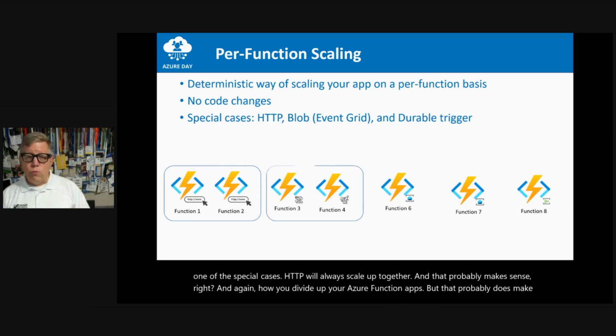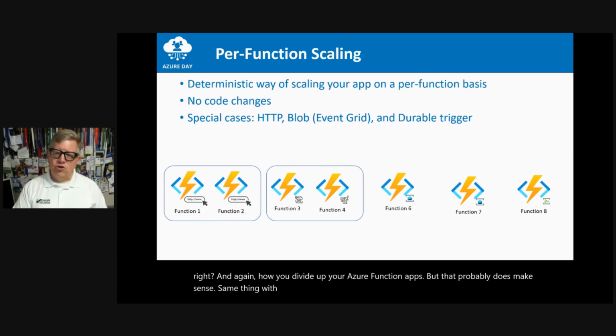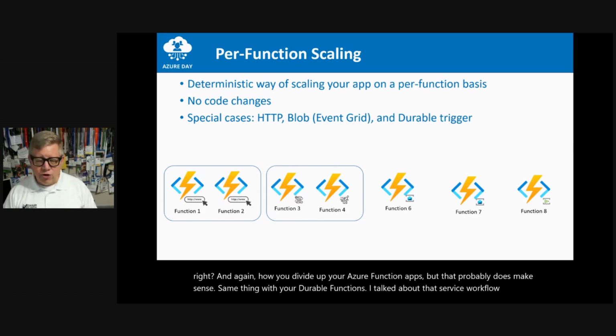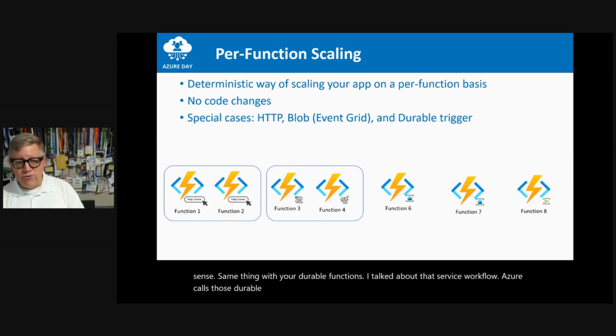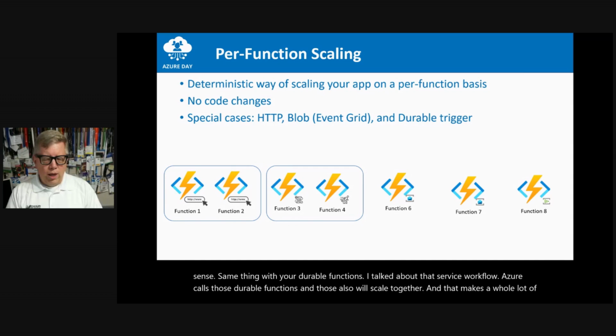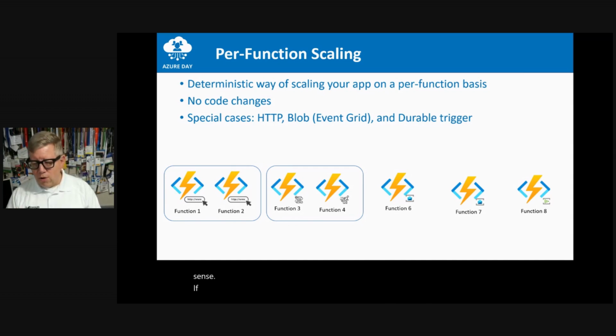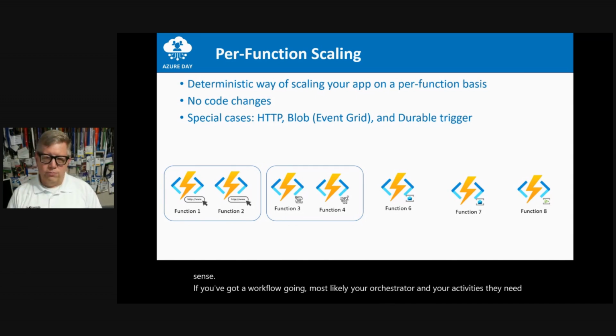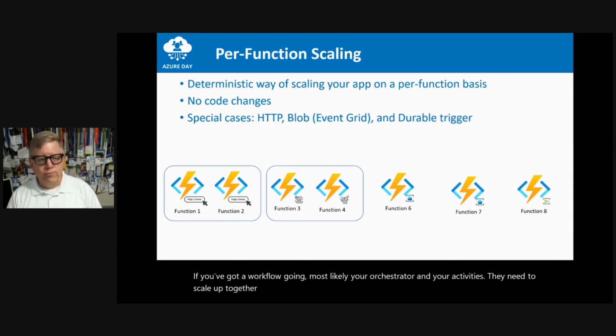Same thing with your durable functions. I talked about that serverless workflow. Azure calls those durable functions. And those also will scale together. And that makes a whole lot of sense. If you've got a workflow going, most likely your orchestrator and your activities need to scale up together, right? And scale down together, right? So that makes sense.